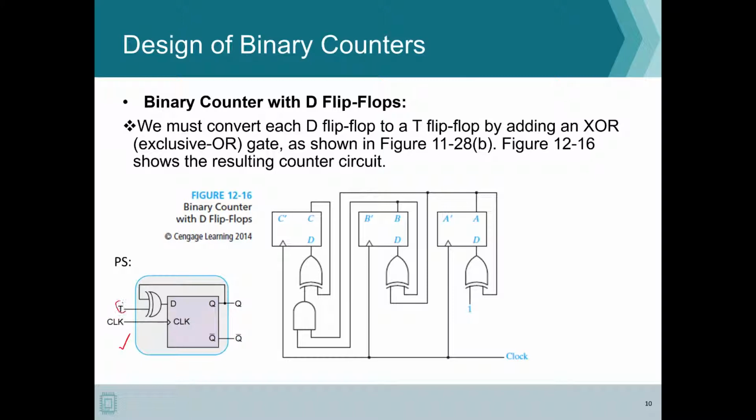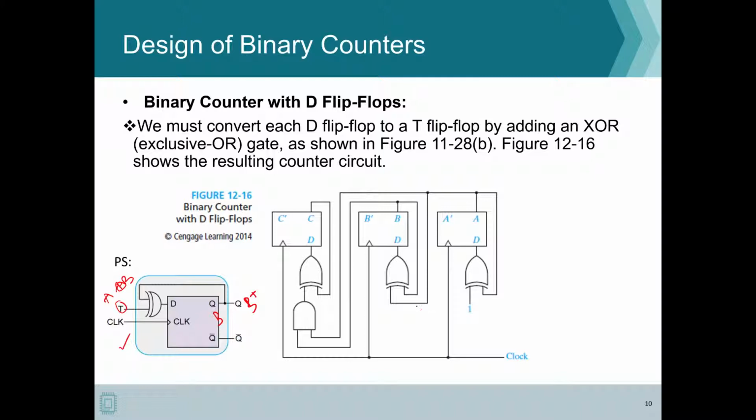It takes an input value, say A, and for a D flip-flop with B plus here, you XOR that with that. So this will simply be A XOR B. So you can also just use the XOR function to create it. That's what is happening here.